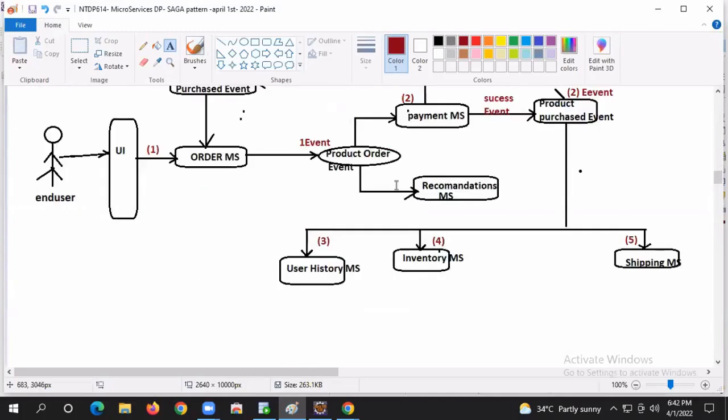First of all, tell me how many of you know microservices? Please respond in the chat box. Those who don't know microservices, write no. Those who know, write yes.